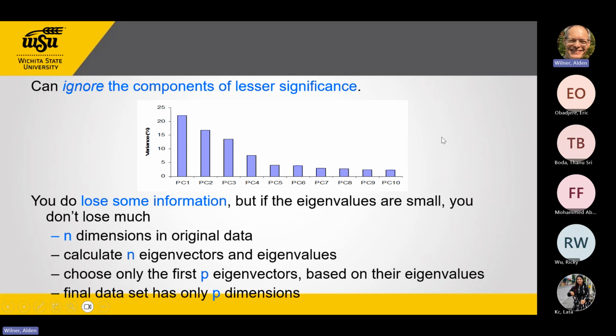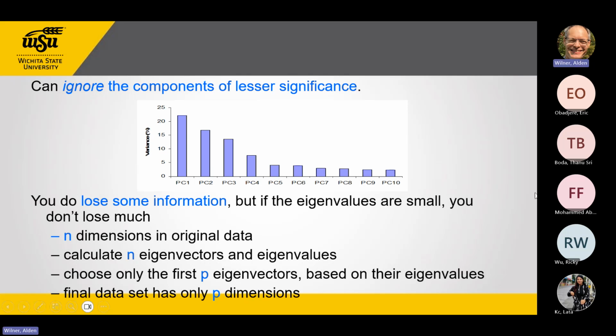If we have 10 features we're looking at, we do a PCA, we'll end up with 10 principal components, right? And we always arrange these so that the first principal component has the most variance, and the last principal component has the least variance. If we throw away some of these values out here, we lose some information.